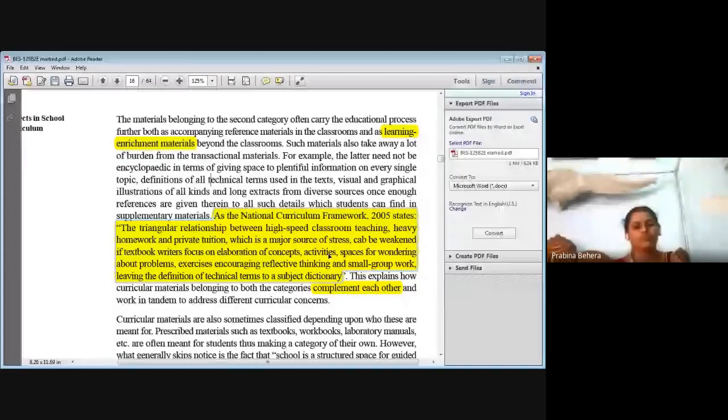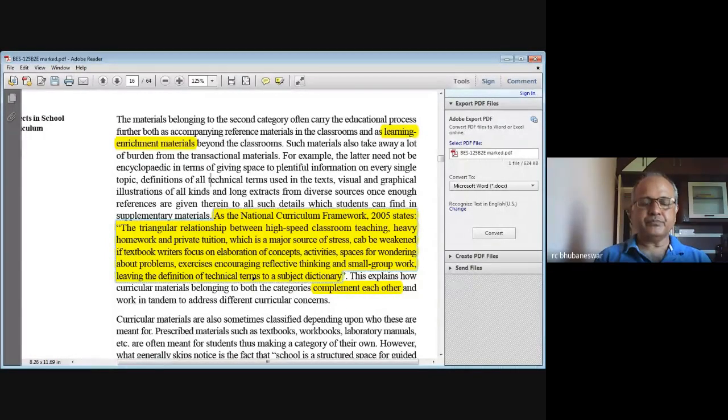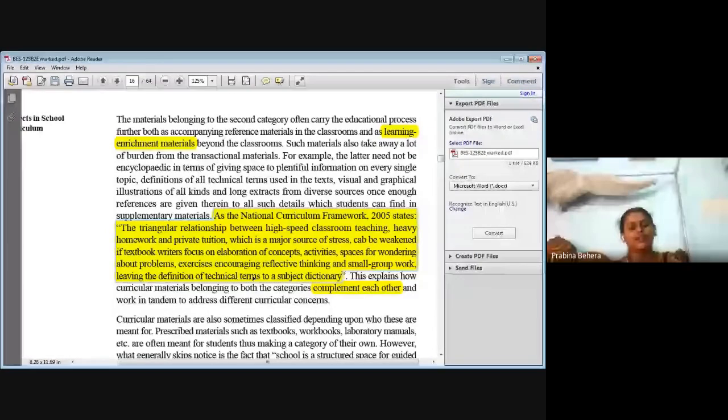We need prescribed or reference material. It is a demerit of textbooks that if every concept is elaborated, then the textbook will be a bulky one. So for exercising and encouraging reflective thinking, we need supplementary material.